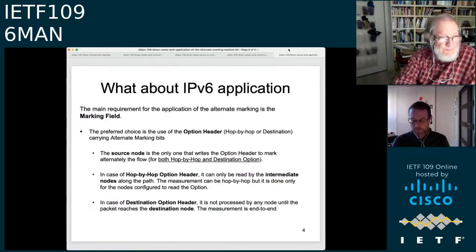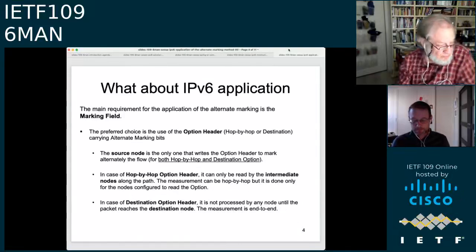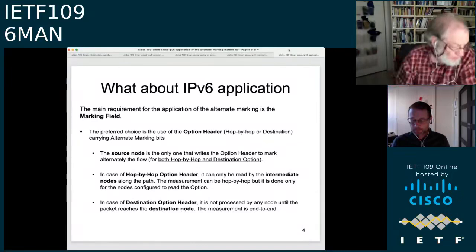So basically, to apply this methodology in the IPv6 world, we need a marking field. So this is the requirement. In this regard, we are requesting an option header that can be hop-by-hop or destination based on the type of performance measurement you want to enable.